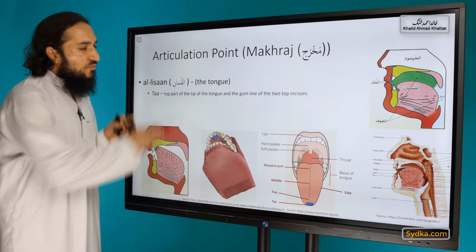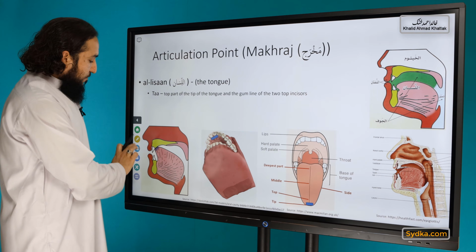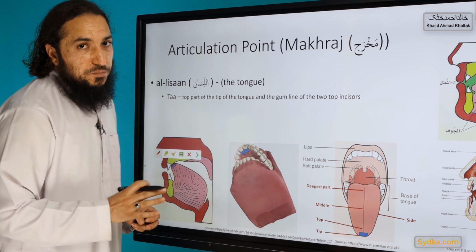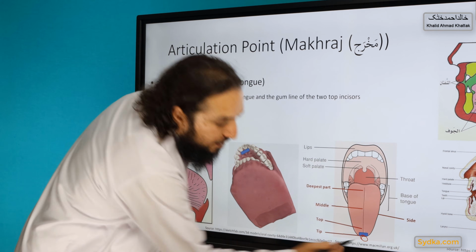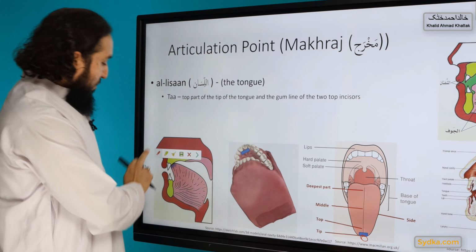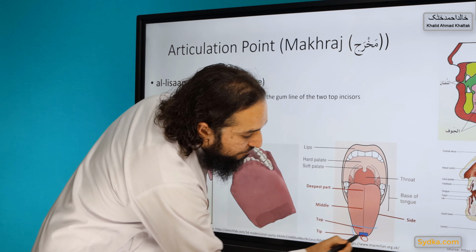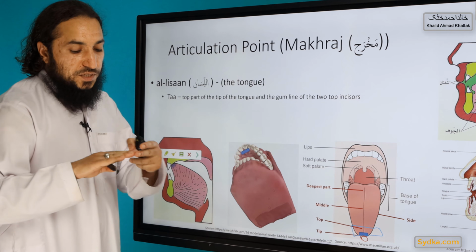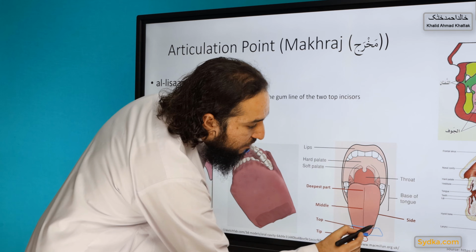So we need to explain that first. Before going to that, we have to explain the tongue itself. The tongue can be divided into multiple parts. This is the tip of the tongue, and next is the top of the tongue.